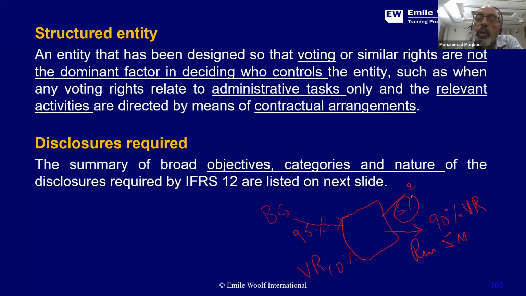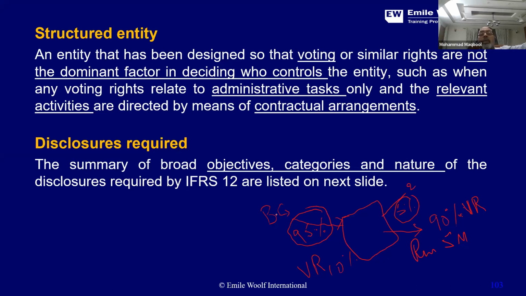Okay, which is very nominal. If research goes successful, the negative or positive variation of return is for this guy, not for the scientist. Agreed? That is the administrative power given to them. Okay. The return variability and size is with the BG.